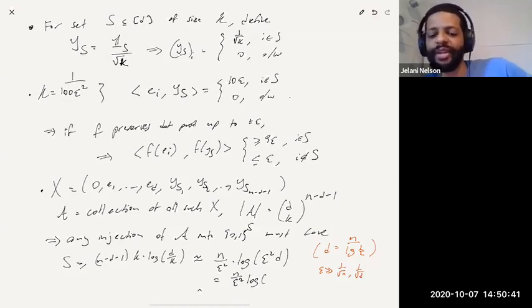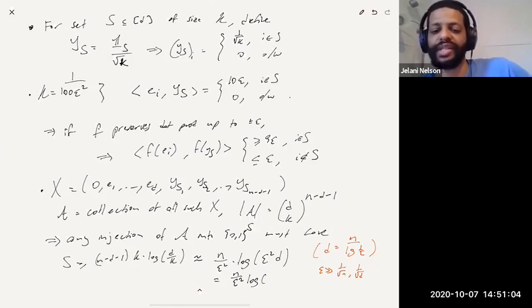So how are you going to prove a 1 over epsilon squared lower bound if 1 over epsilon squared is bigger than N or D? You can't. So we're going to make the assumption that basically 1 over epsilon squared is much less than the min of N and D. Or in other words, epsilon is much bigger than the max of 1 over root N and 1 over root D.